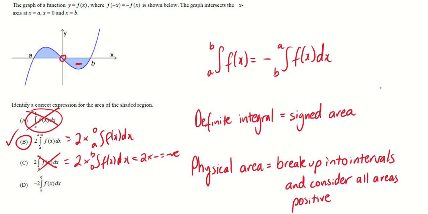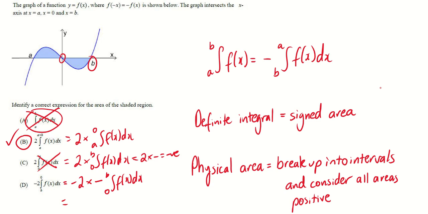Okay, and finally option D, we're integrating, so it's negative 2 times an integral. This integral is between b and 0. I'm going to switch these around so it's an area that I understand, so it's between 0 and b, but because I've switched the bounds around, that's going to be a negative here as well.